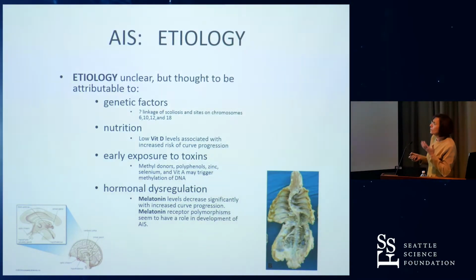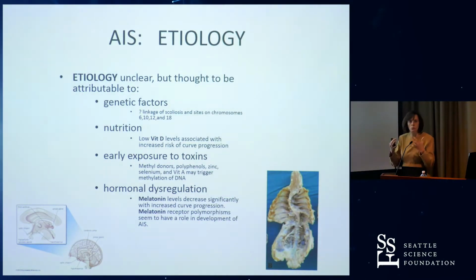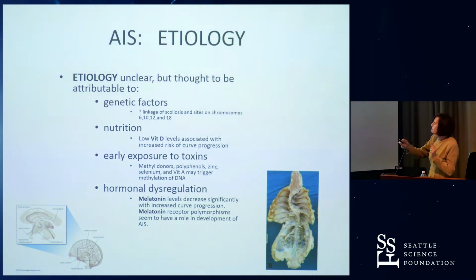Whether or not there's been some early exposure to toxins and things, those might be factors. Hormonal dysregulation. You know, the idea that this is adolescent idiopathic scoliosis, but there's just such a change in the whole hormonal milieu as these folks are going from being children through adolescence into young adulthood. And one of those hormones that has been implicated is melatonin.